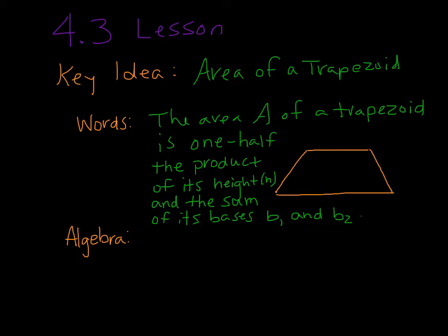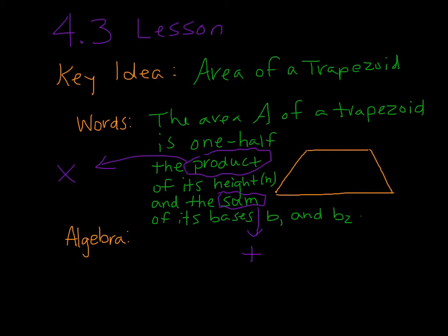A couple key words here. We've got the word product. We know product means multiplication. And we've got the word sum. We know the word sum means addition. Don't forget that. That's really important.